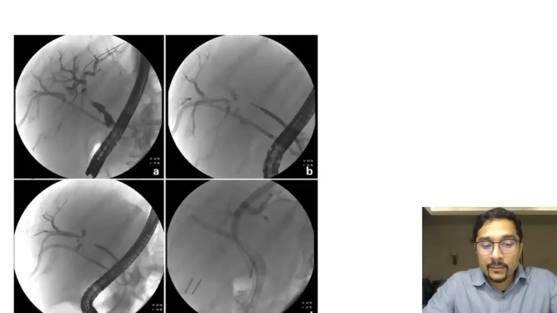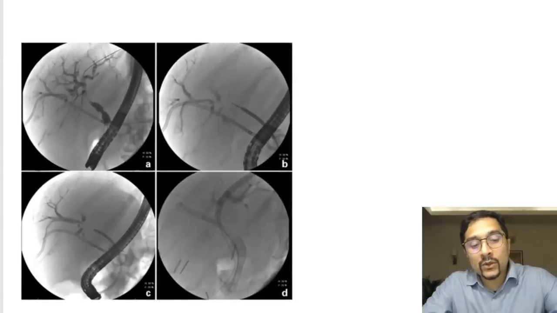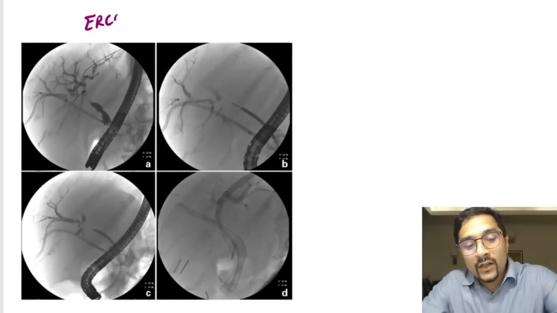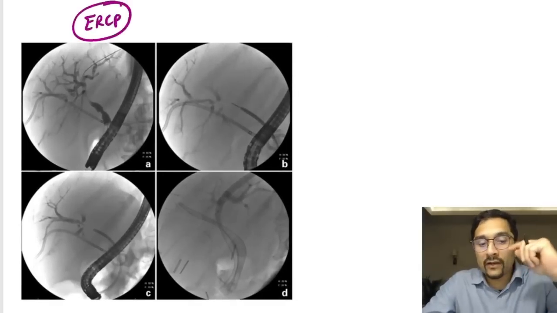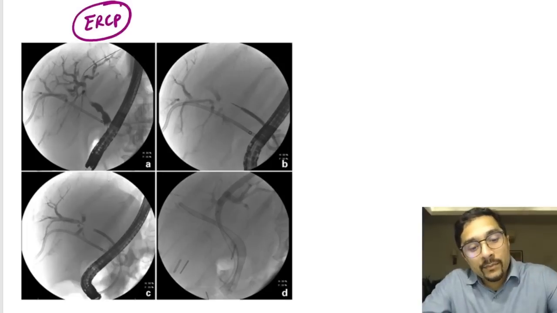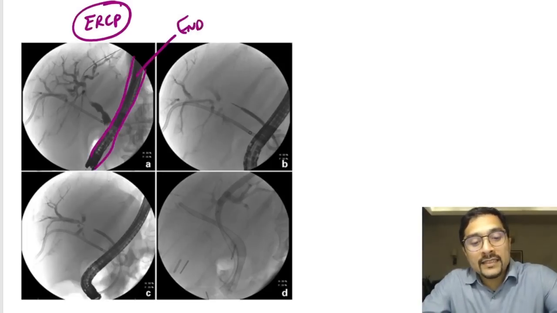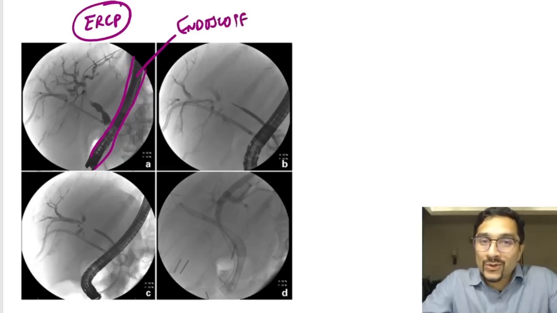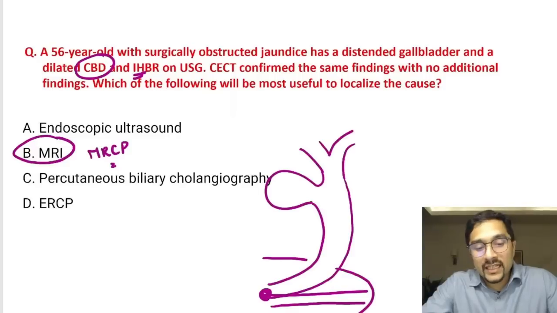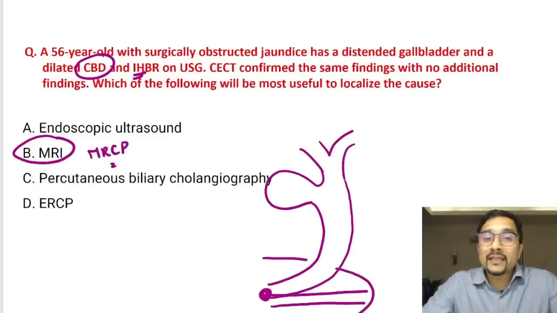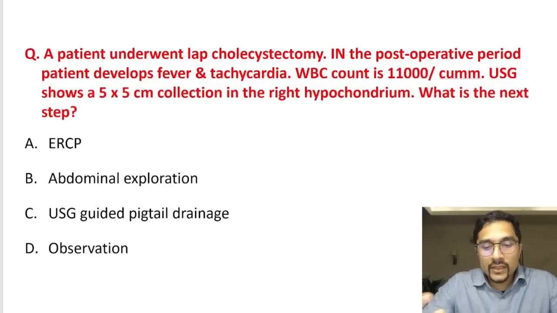This is MRCP, this is ERCP, endoscopic retrograde cholangiopancreatography. And in an ERCP film, you will always see the endoscope, whereas in an MRCP film, you will never see the endoscope. So that is how we differentiate. And when we do an MRCP in such a situation, you can get a double duct sign in such a patient. So this was one question.